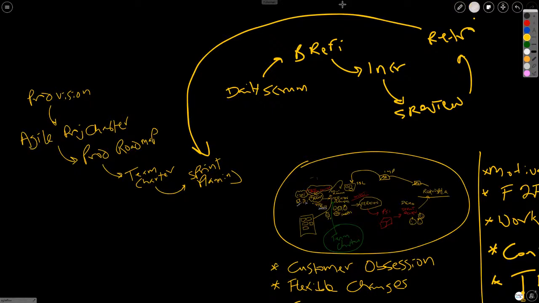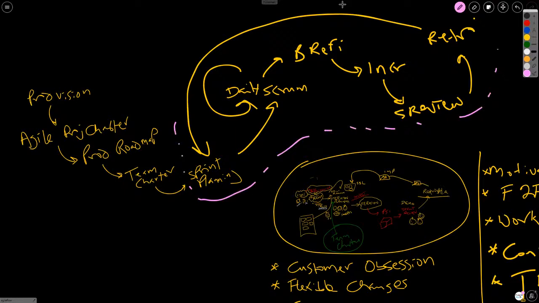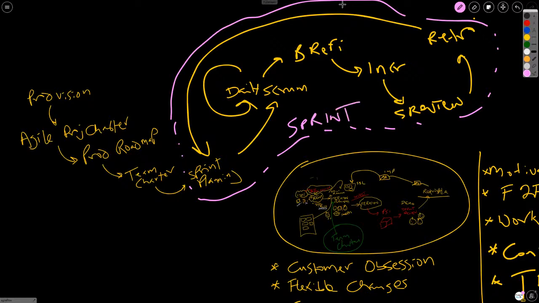And remember, the daily scrum is not a one-time thing, so it happens over and over again. But just to finalize this, let's put a nice little wrap around this to show that this is all that happens within the sprint. The sprint is a container for everything else.